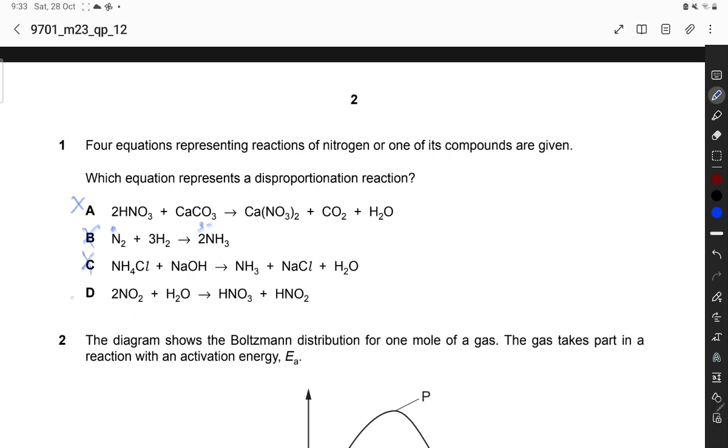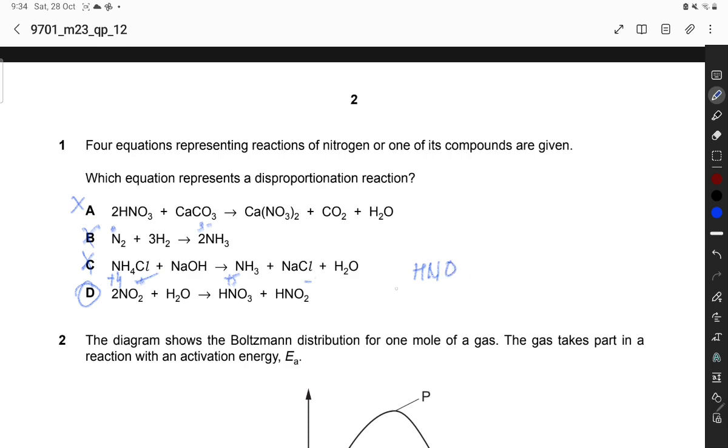Option D is correct because nitrogen is oxidized and reduced at the same time. For example, over here nitrogen is -2 and nitrogen is +4 over here, and in this case -3 to +5.